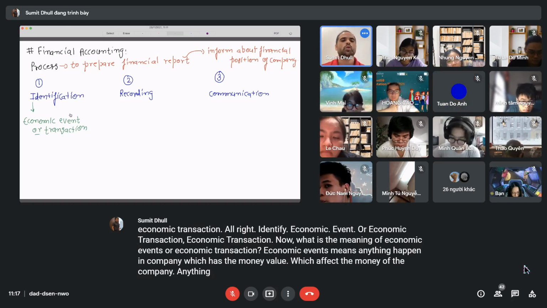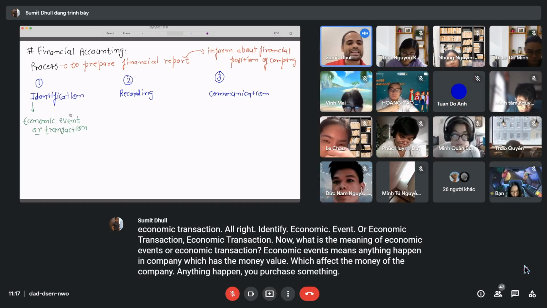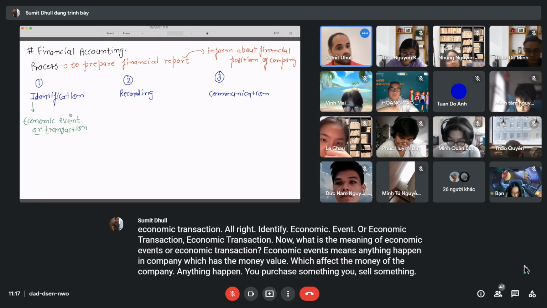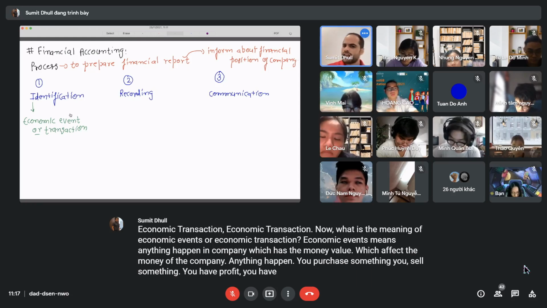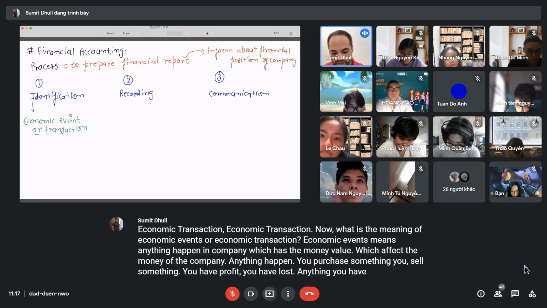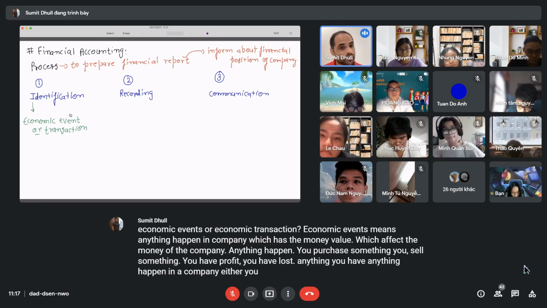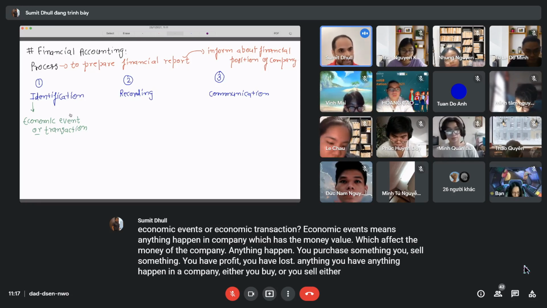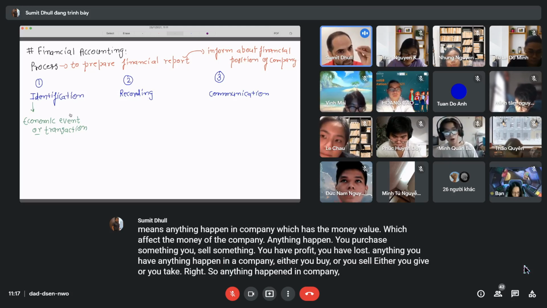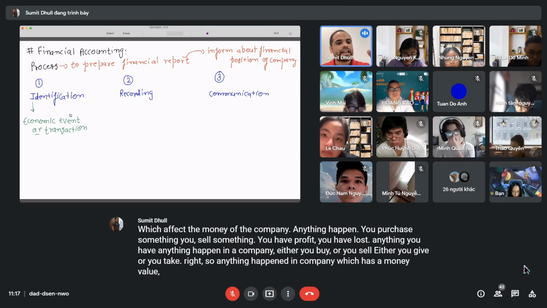You purchase something, you sell something, you have profit, you have loss, anything that happens in a company, either you buy or you sell, either you give or you take, right? So anything that happens in a company which has a money value, that's called an economic event.